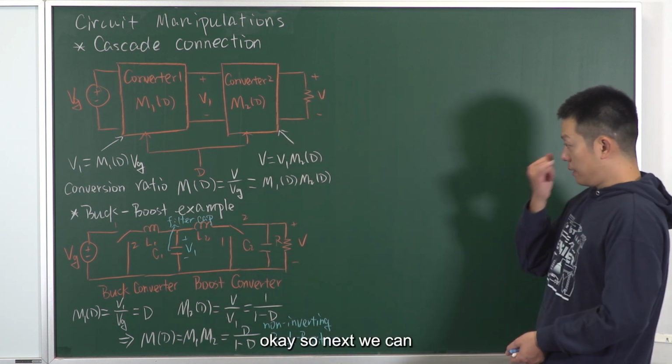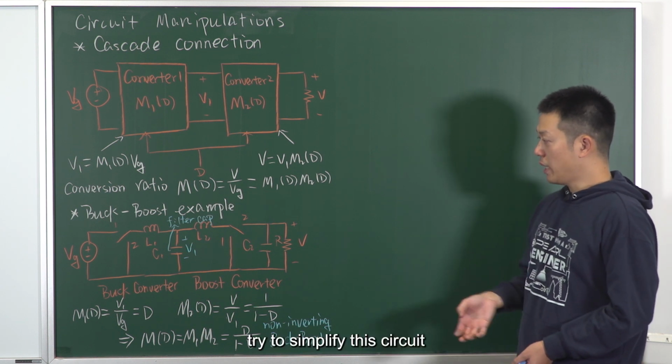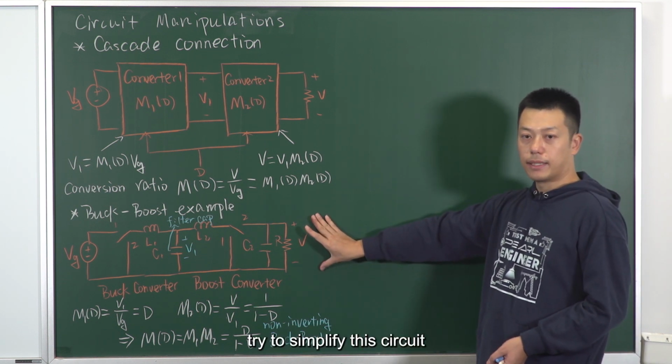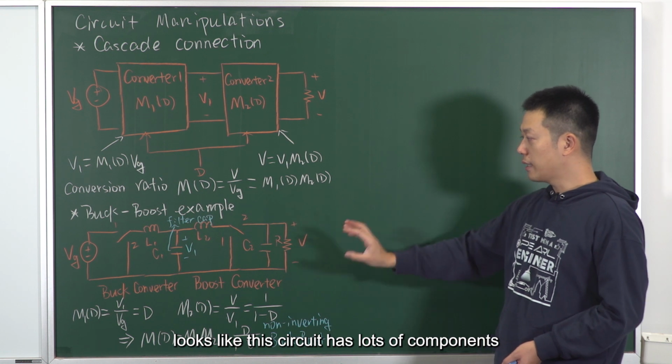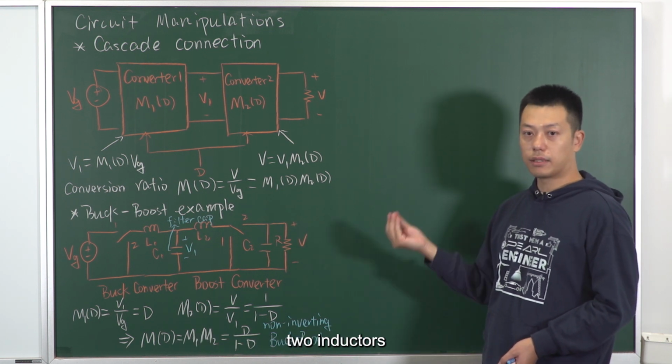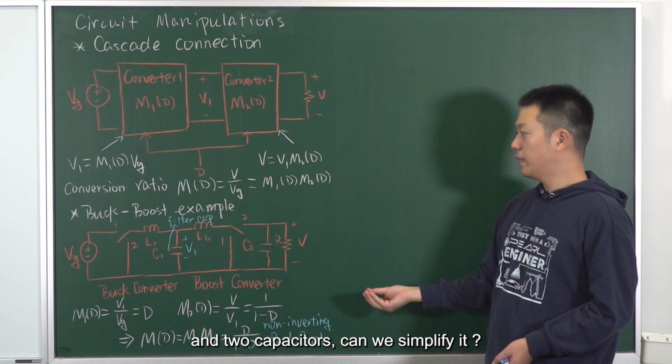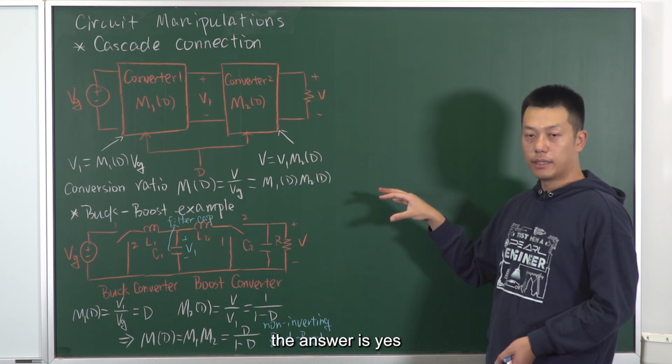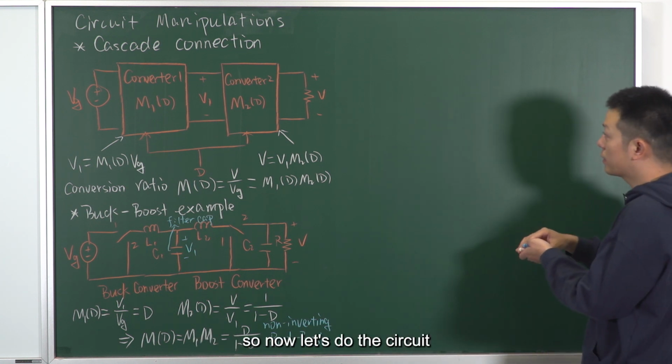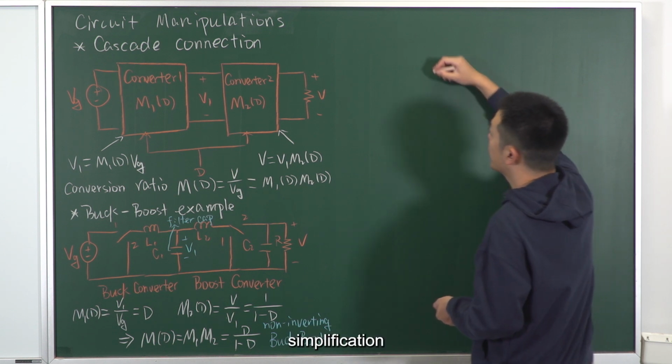Okay, so next we can try to simplify this circuit. Looks like this circuit has lots of components, 2 inductors and 2 capacitors. Can we simplify it? The answer is yes. So now let's do the circuit simplification.